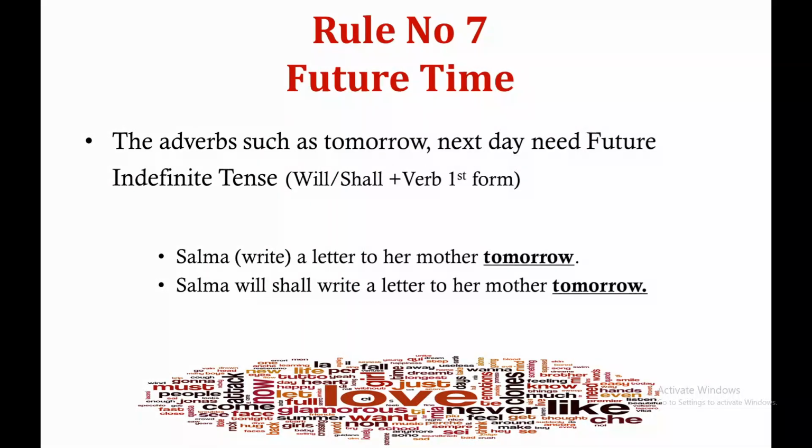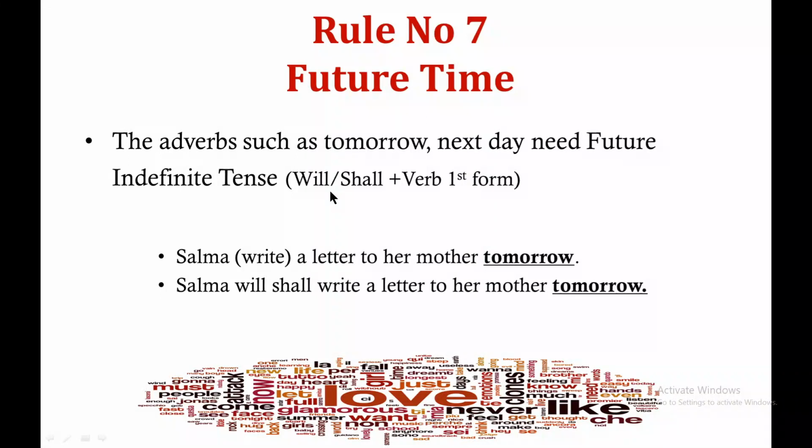So if we move forward to rule number 7, this is easy. If you see a word such as tomorrow or a phrase like next day, you have to use future indefinite tense. In future indefinite, we use will or shall plus the first form of the verb. If there is I or we, first person pronouns, we have to use shall, otherwise we have to use will.